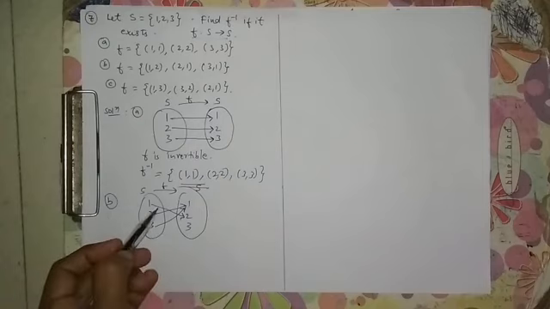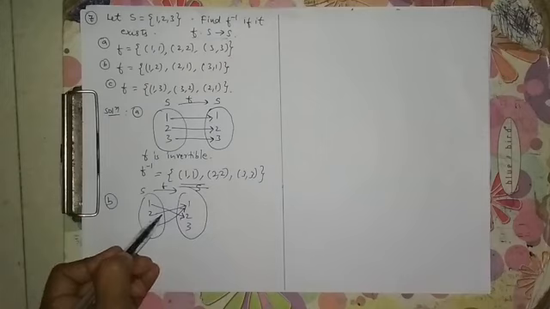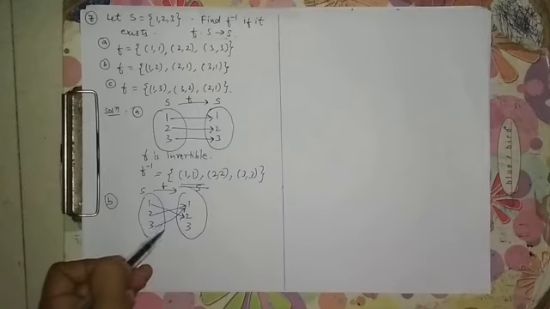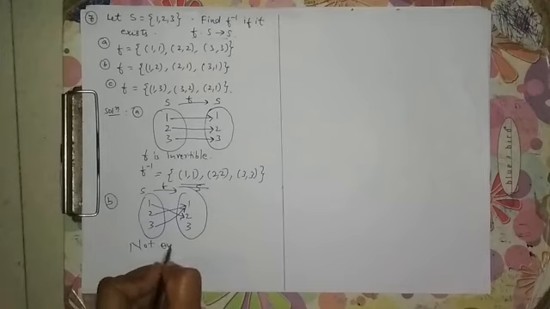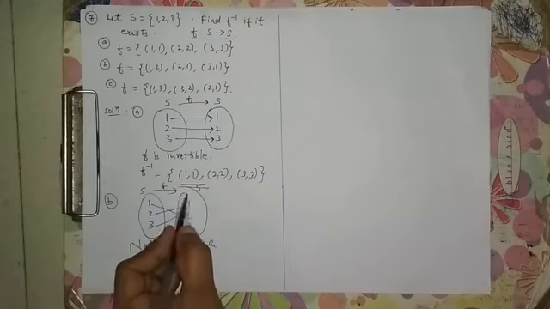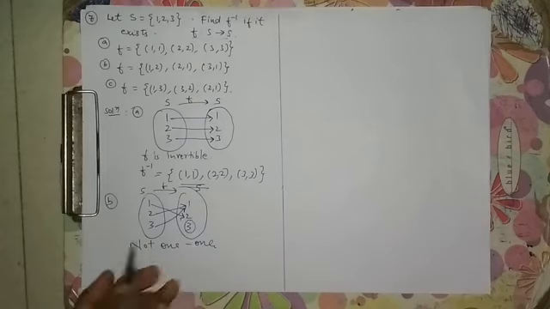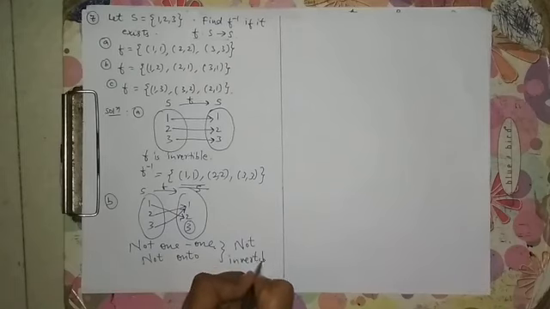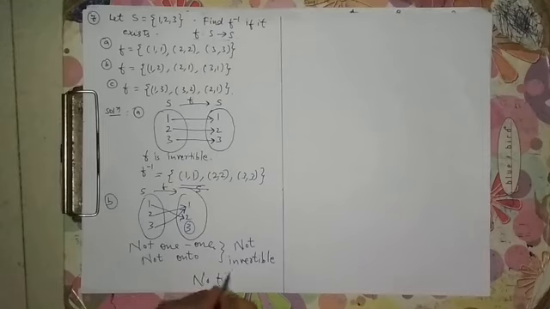Is it one-one? 1 to 2, again 2 to 1 and 3 to 1, so it is a random mapping. So this is not one-one. For onto, all elements in the second set should have a mapping. But here 3 is left out, so this is not onto. So this is not invertible, and if not invertible then there is no F inverse.